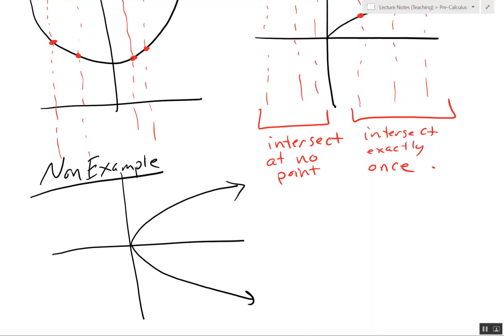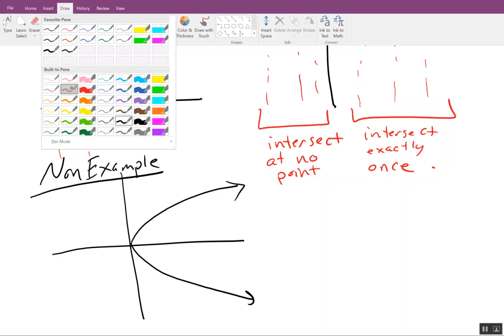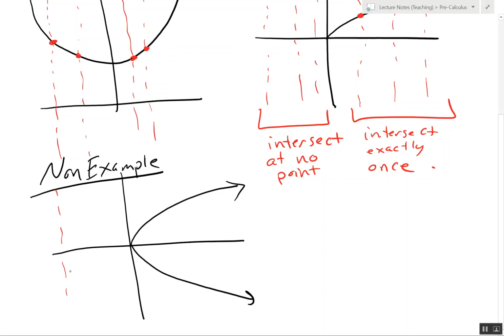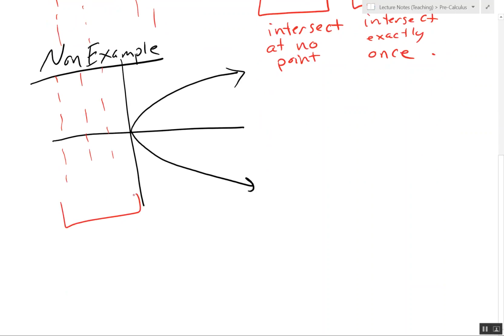And again, we draw with the red, and notice that over here, again, just like before, it intersects in 0 points. On the x-axis, I'm going to try to draw this as best as I can, but the red and the black will make it kind of hard.